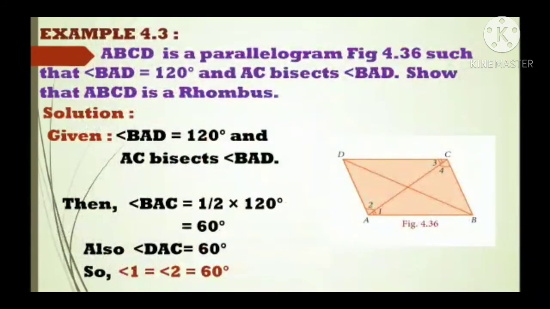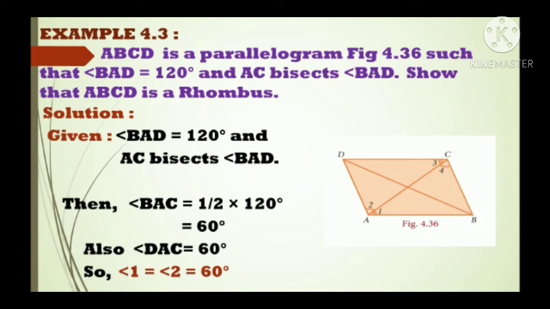Then next problem is example 4.3. Here ABCD is a parallelogram in figure 4.36. Okay guys. Then they are given here angle BAD equal to 120 degrees and AC bisects the angle BAD.